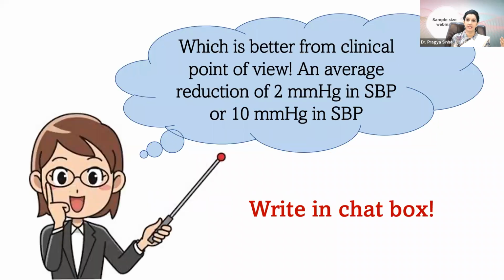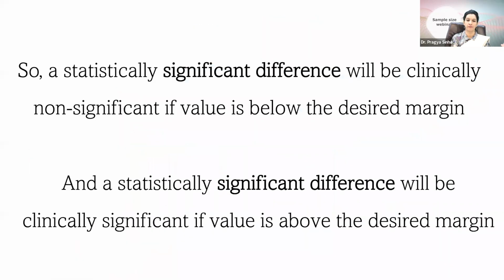In this case, an average reduction of 2 millimeter of mercury in systolic blood pressure is clinically not that significant as compared to 10 millimeter of mercury. So a statistically significant difference will be clinically non-significant if the value is below a desired margin.